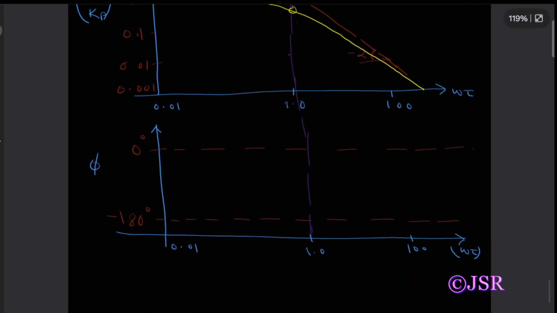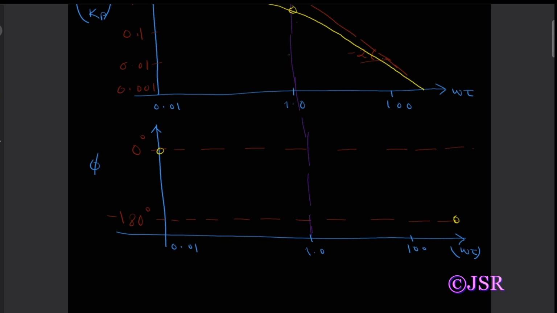Similarly, for the phase plot, when omega tau is equal to 0, the phase shift is 0. When omega tau is infinity, the phase shift is minus 180 degree.